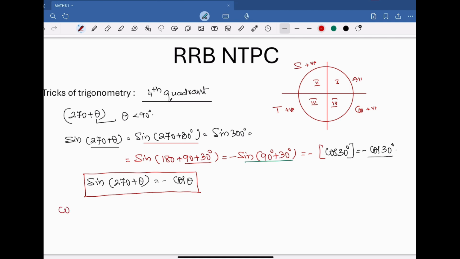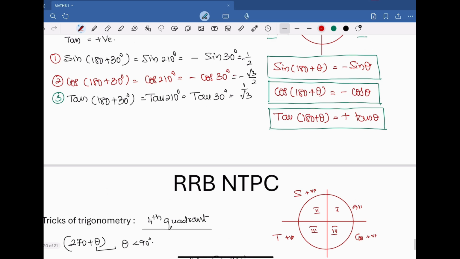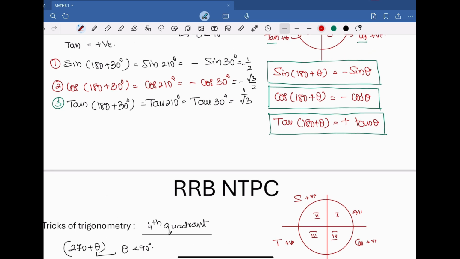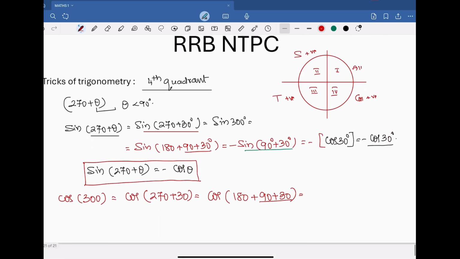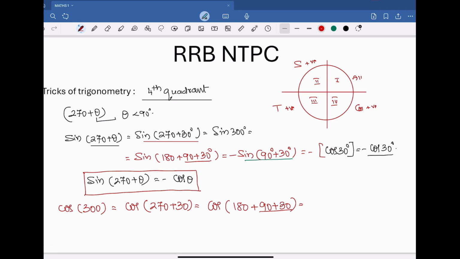Next is cos 300. Cos 300 will be cos 270 plus 30. Cos 270 is nothing but 180 plus 90 plus 30. Cos 180 plus something is minus cos theta. That is minus cos 90 plus 30.